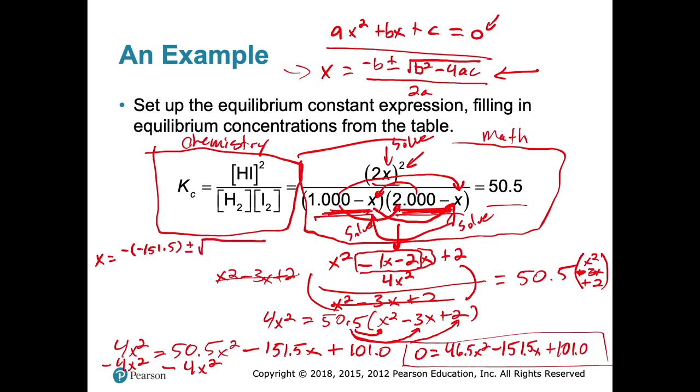The square root of, again, negative 151.5 squared, minus 4 times 46.5, because that's A, times 101, because that's C. All of this is divided by 2 times 46.5.